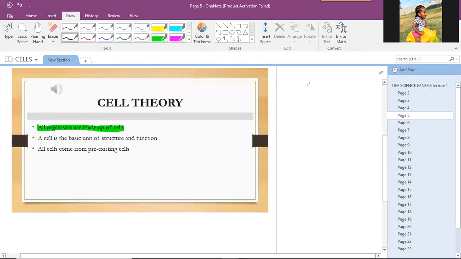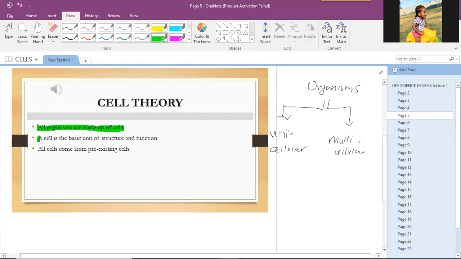When we're talking about organisms, all organisms are made up of cells, whether you are unicellular (uni means one) or multicellular, you're going to be made up of cells. So all living organisms are made up of cells.